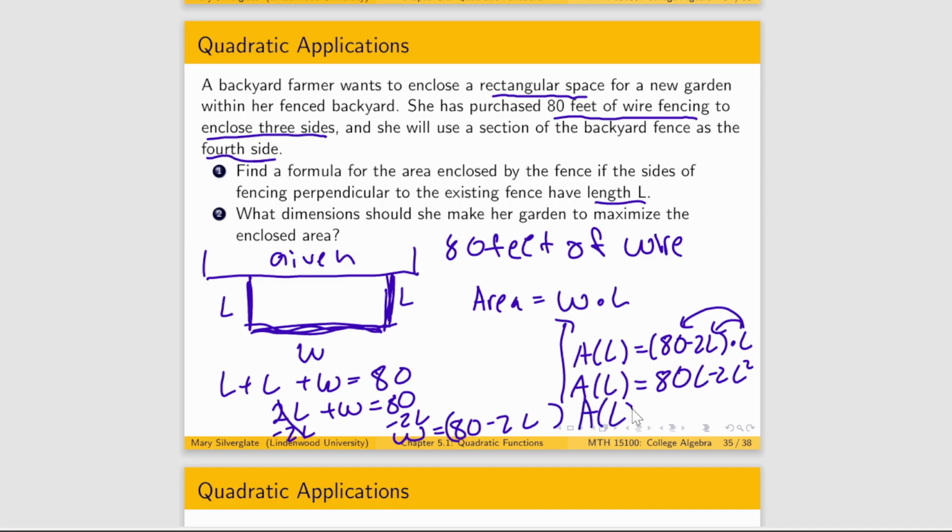Or to write it like quadratics I'm used to seeing, that would be negative 2L squared plus 80L. So to back up on these problems, you're given information about the perimeter. So you can write that all the sides add up to the perimeter. You know the area has to be length times width, and then you want to replace whichever variable you don't want by solving for it in the other equation. So in this case, that's 80 minus 2L.